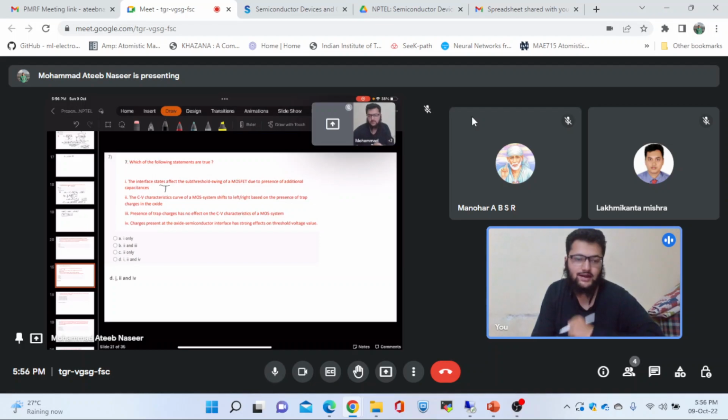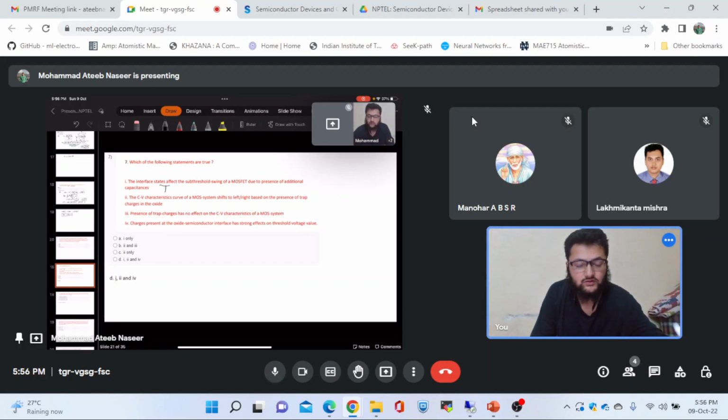We know that if we are having, for example, P substrate, and we are just having positive oxide charges, these positive oxide charges will attract more electrons, so this would mean we will be requiring less amount of gate voltage as compared to the previously required gate voltage that was present when we were having no oxide charge.